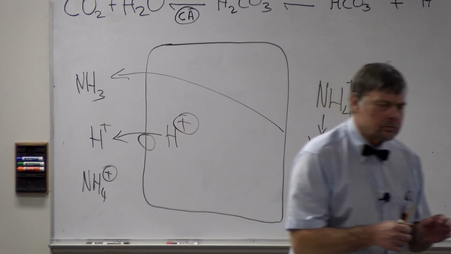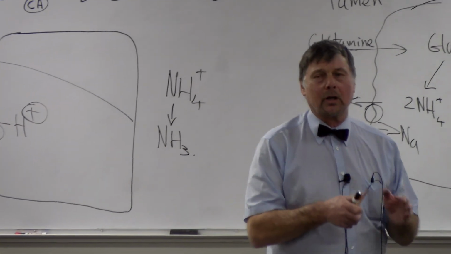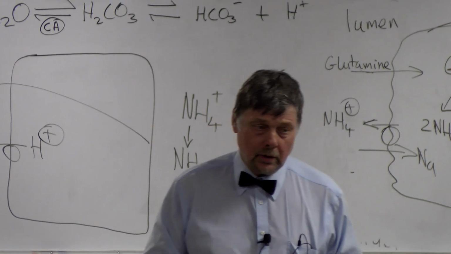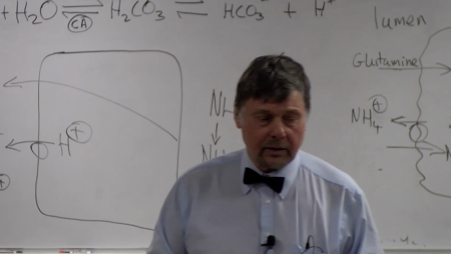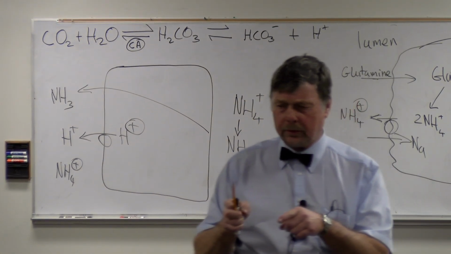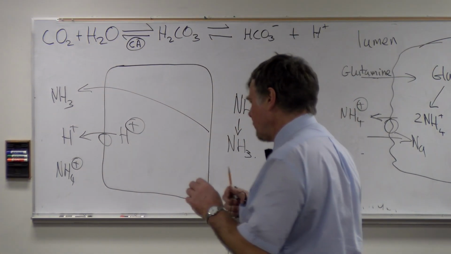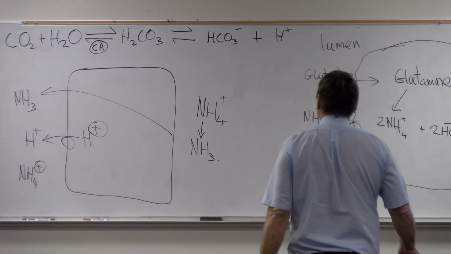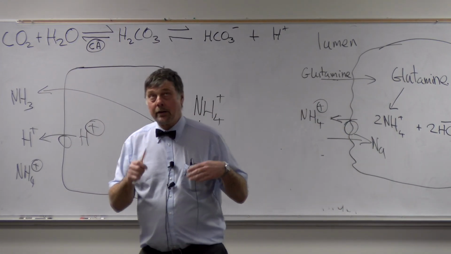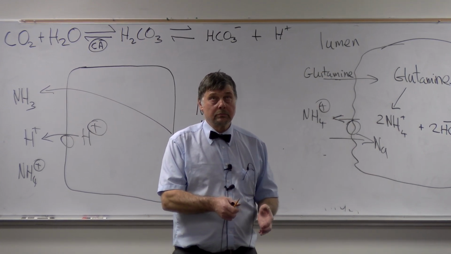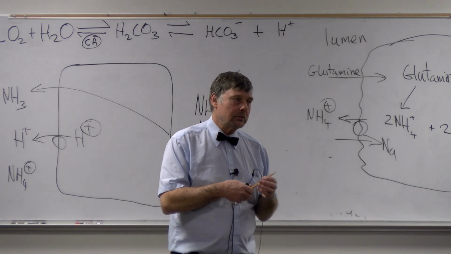So it's a little bit more complicated than you would like it to be, and I understand that. But that is the mechanism. I think that's in Costanzo that way. That diagram is not from Costanzo, but I think she explains it in a similar fashion. So in other words, we can get rid of acid as ammonium, but it's not quite straightforward.